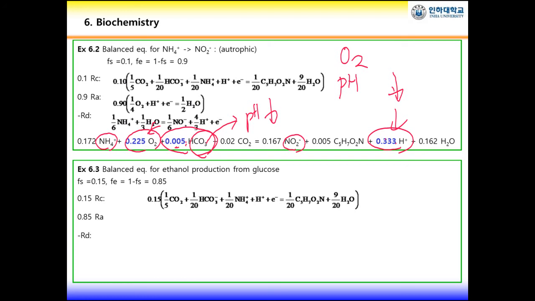So if these nitrifiers carry out these reactions and the pH drops, then they cannot survive. So we have to supply enough alkalinity to prevent the pH drop. From these reactions, you can calculate what amount of alkalinity is needed. Okay.